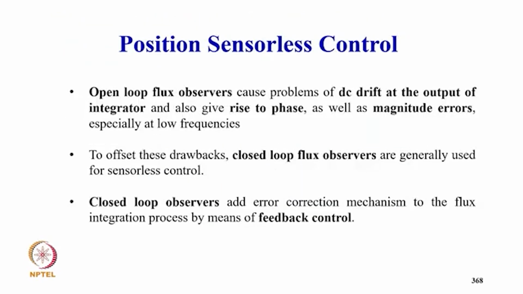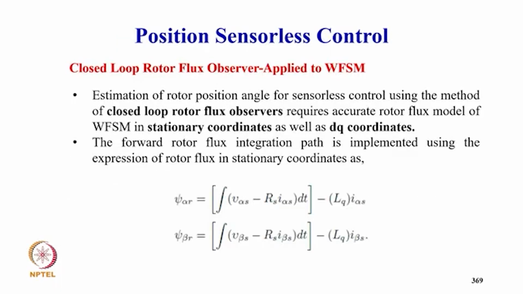Now coming to the open loop flux observer, it can cause the problem of DC drift at the output of the integrator, and also give rise to phase as well as magnitude errors, especially at low frequency. To offset these drawbacks, a closed loop flux observer is generally used for sensorless control. Closed loop observers add an error correction mechanism to the flux estimation process by means of feedback control.